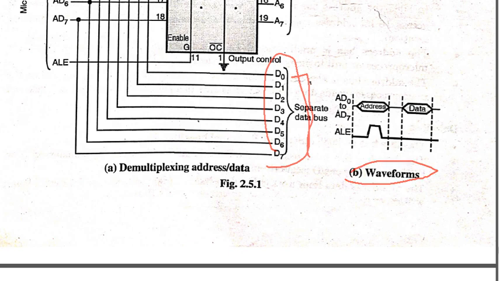So that is the waveform given: AD0 to AD7, that is multiplexed data. So address के लिए यहाँ पे ALE 1 रहेगा when A0 to A7 address is separated out, so at that time ALE will be 1, and for data related operation the ALE value will be 0. ठीक है, तो ALE पे जब भी 1 रहेगा address latch enable, that is G, so at that time address will be separated out from this AD0 to AD7, that is A0 to A7, and whenever this ALE will be 0, at that time the data will be separated out, that is from D0 to D7.